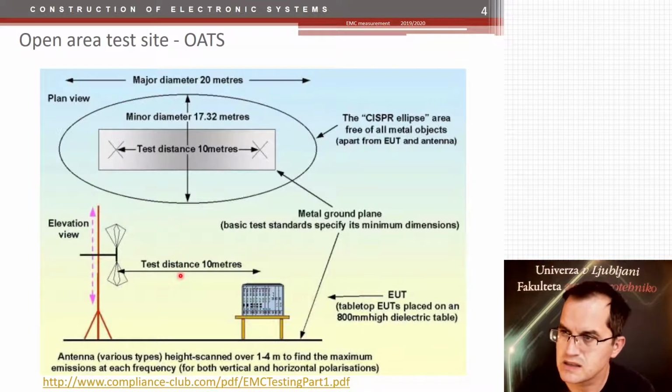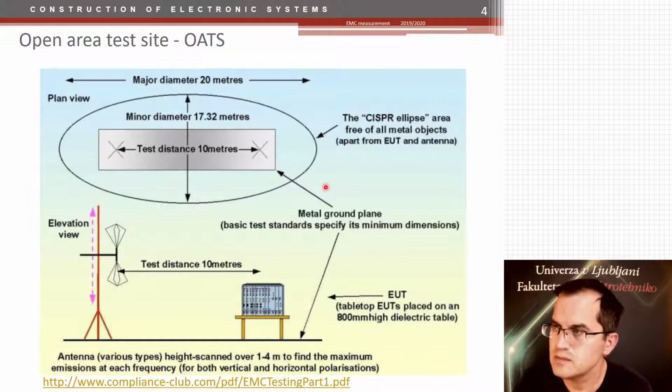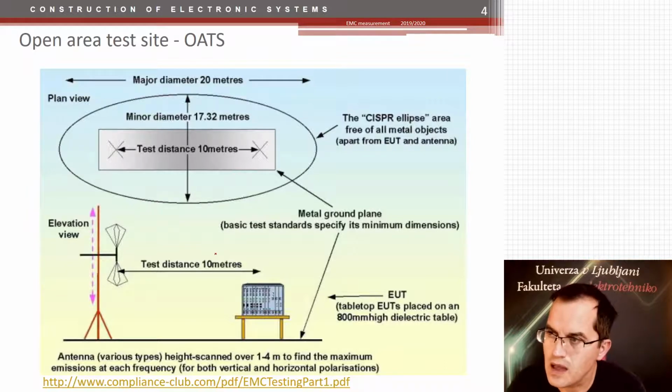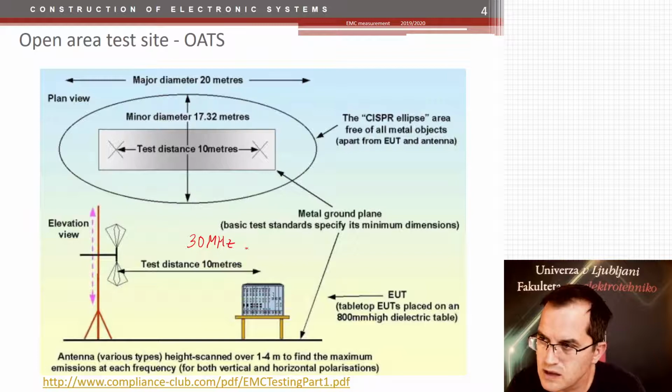Well, the reason is that such a test distance is needed because we are measuring the electric field in the radiation pattern. We measure it from 30 megahertz upwards. So at 30 megahertz, the near field ends at 1.6 meters. So from this point on, we have far field.